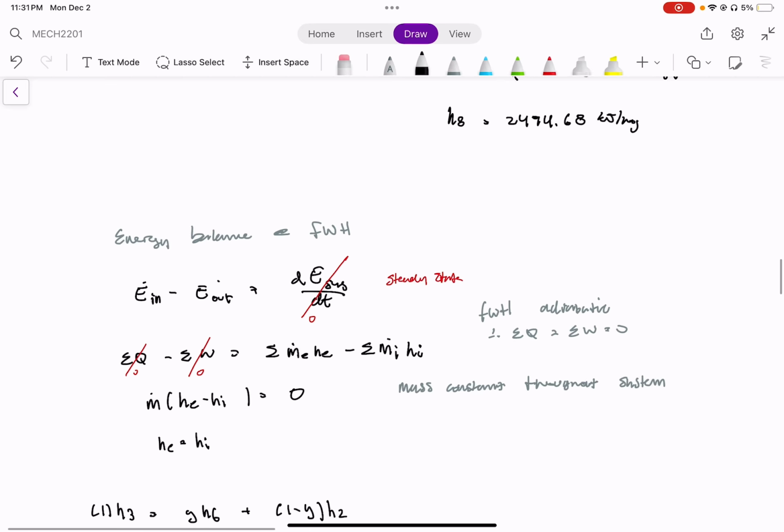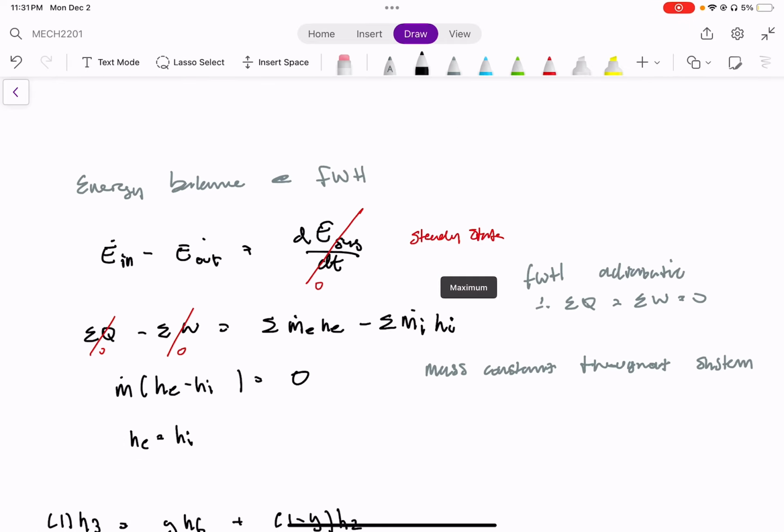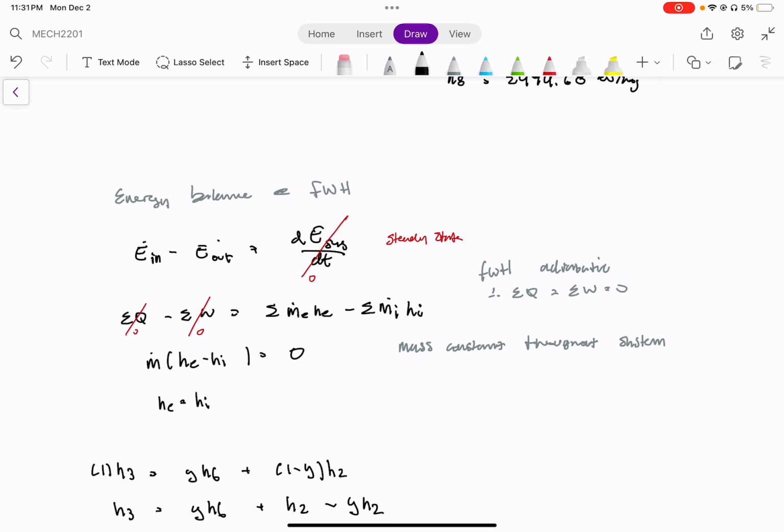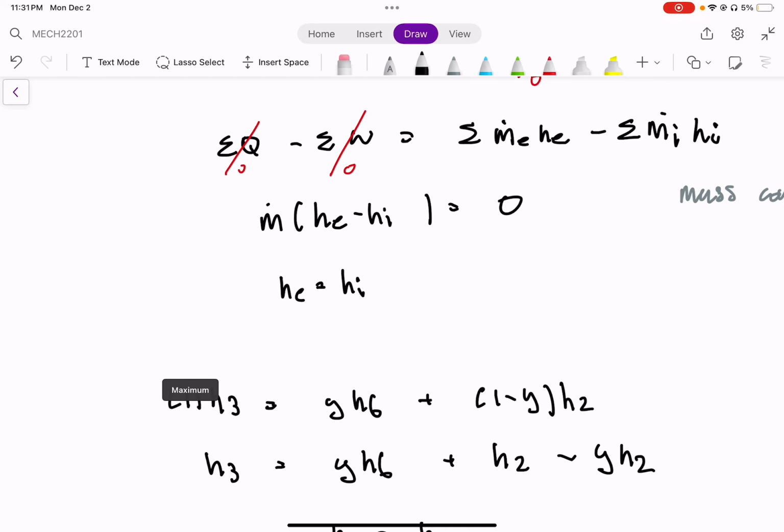We're going to first find the energy balance at the feedwater heater, where we're going to decline this because it's steady state. We're going to take off Q and W because it's fully adiabatic, and the mass is constant through the system, so we can combine both masses, and eventually we're going to get he equals hi.